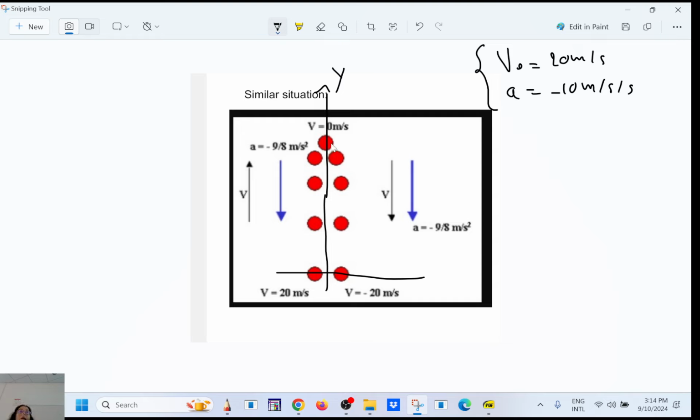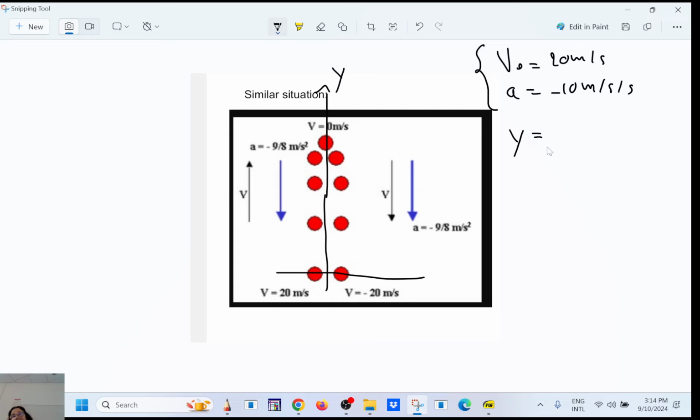For now, I just want the equation of kinematics, meaning the position of y on the number line as a function of time. Okay, so look at your equation sheet again.